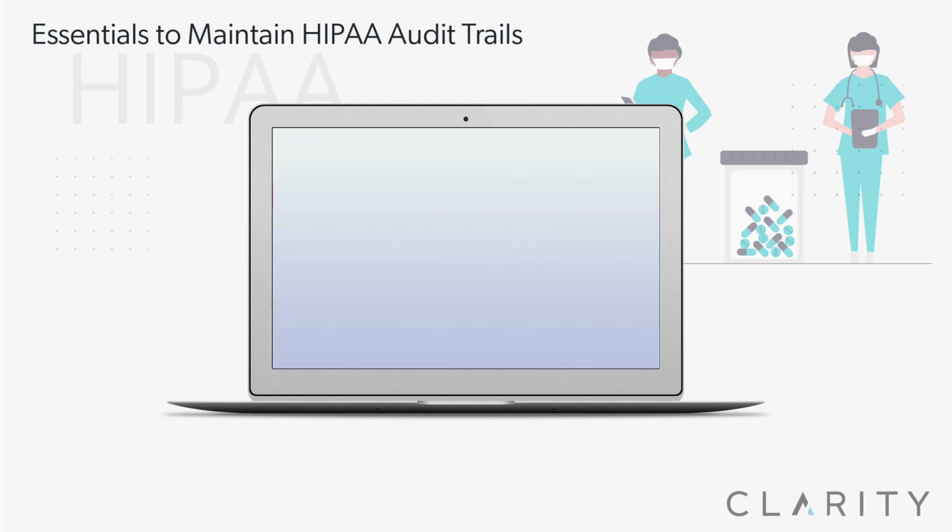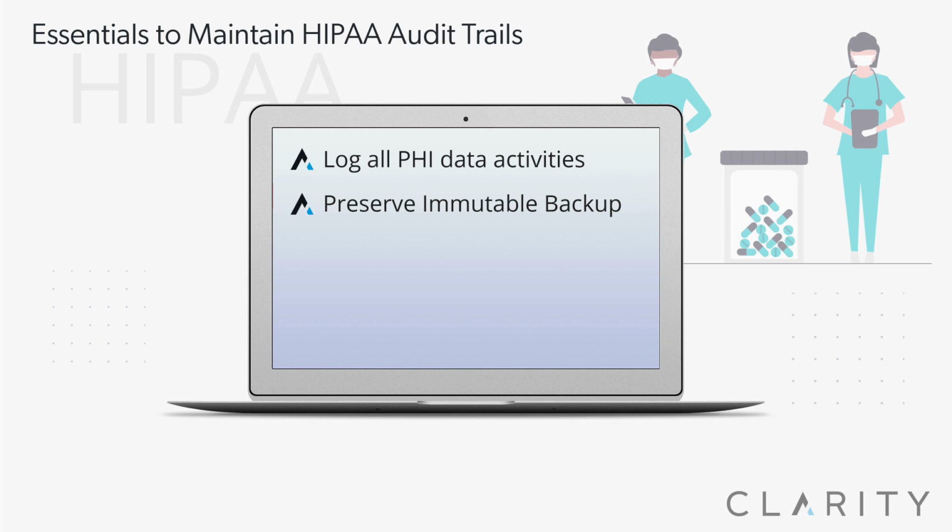So again, here's the 5 quick review. Number 1, log all user level actions for all PHI data transactions. Number 2, preserve an immutable backup of all system activity logs and potentially all data, right? You might want a daily or a weekly backup off-site so that if anything happens, malware, you've got a backup.